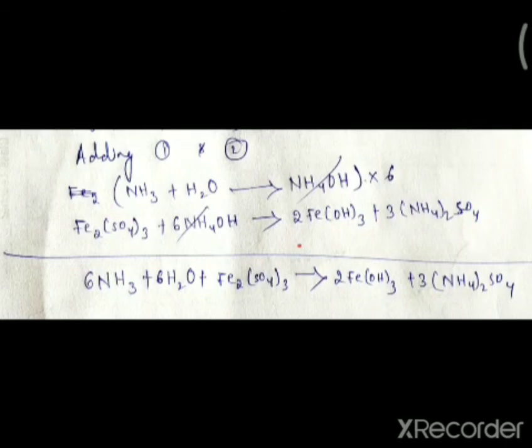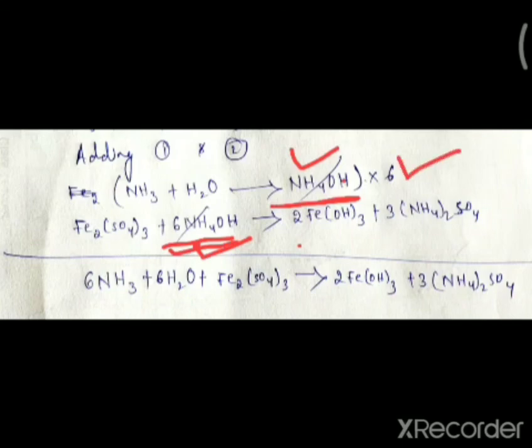Then here you can see we have 6 ammonium hydroxide on this side, and on this side only one. So the compound is the same on both sides, so we can cancel it, but we need an equal amount on both sides. That's why we will multiply the first equation by 6, okay.